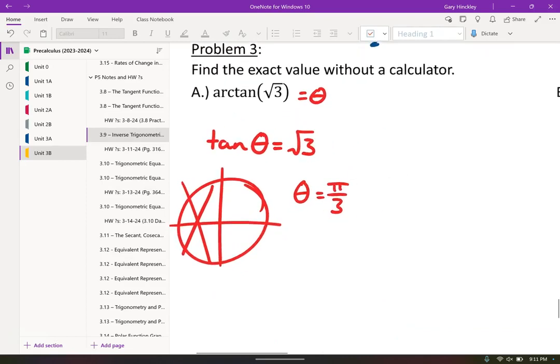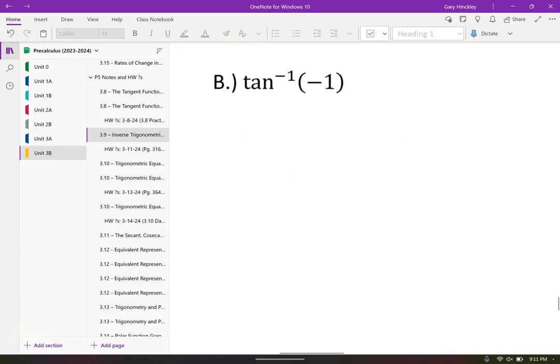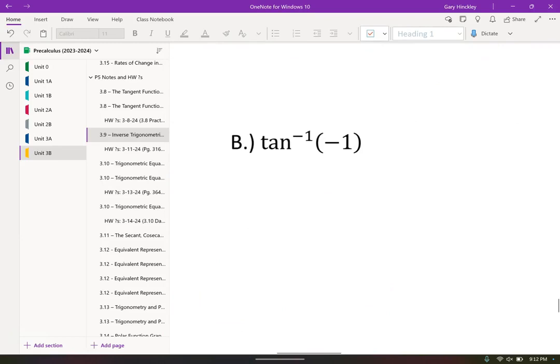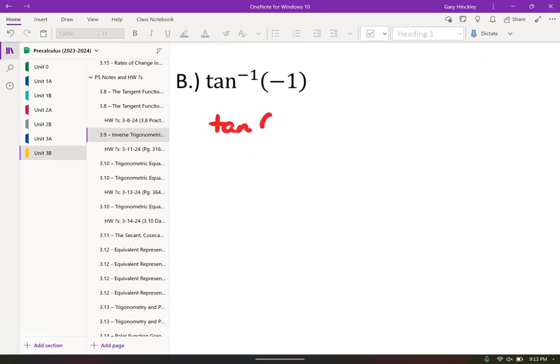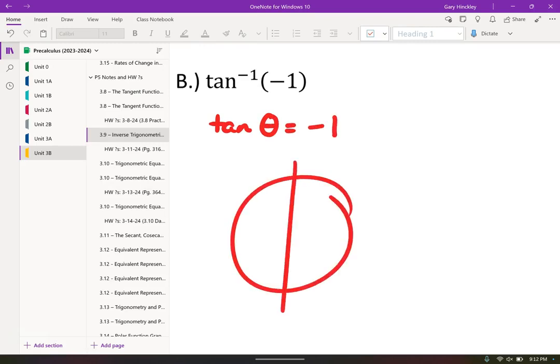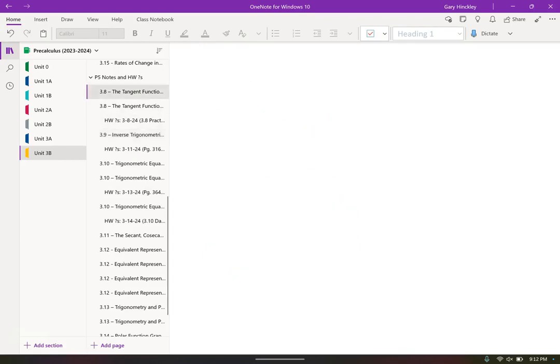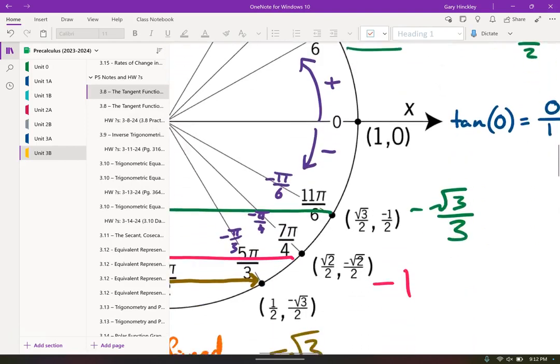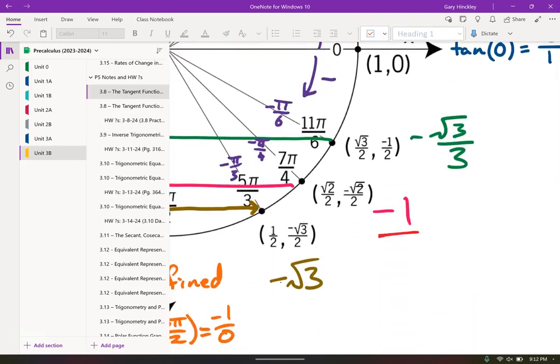All right, let's go ahead and look at this one here. So tangent of what angle is equal to negative 1? Again, looking at quadrants 1 and 4. So let's go back here, looking at quadrants 1 and 4. Negative values are down here, and we see negative 1 happening at 7 pi over 4.